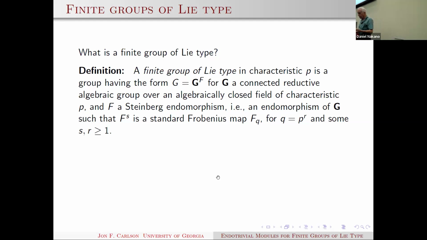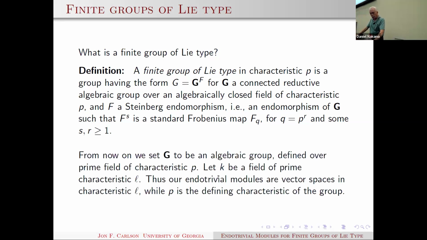Somehow you have to connect all this algebraic group stuff with the structure of the finite group. From now on, as far as this lecture is concerned, we're going to set G to be an algebraic group defined over a field of characteristic p.